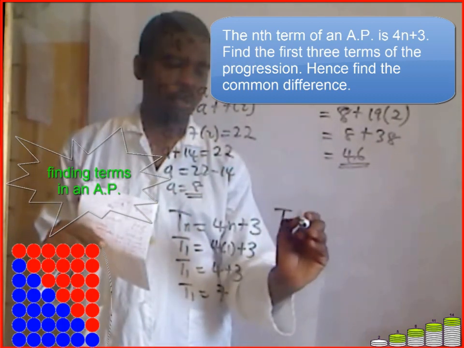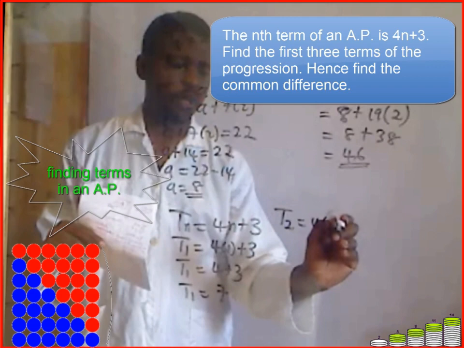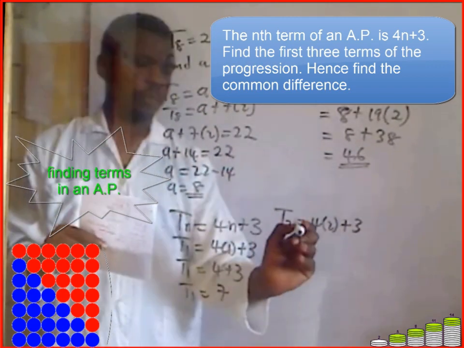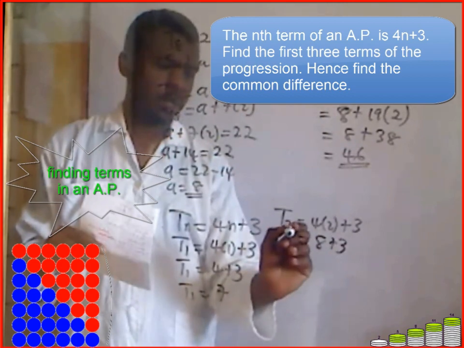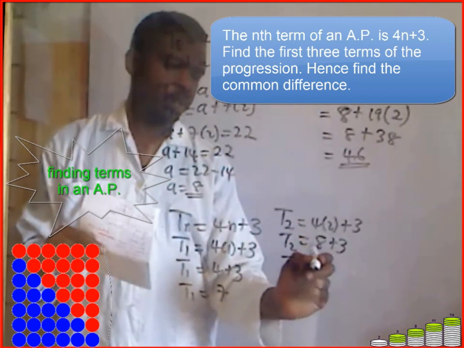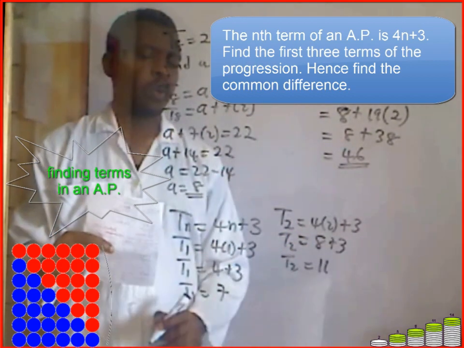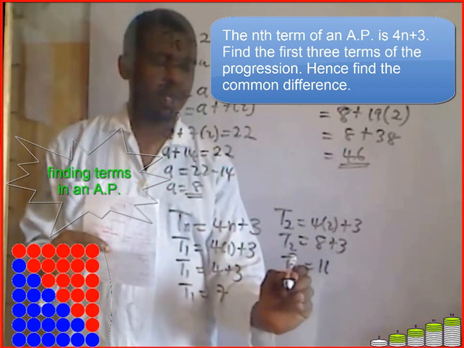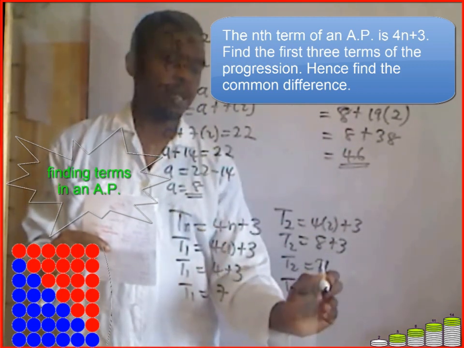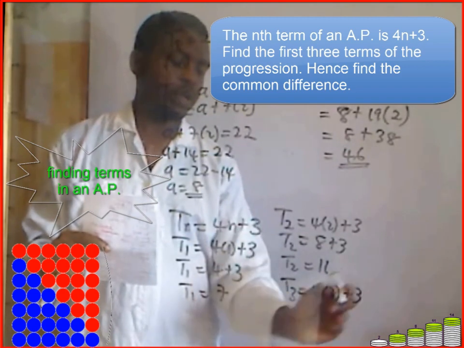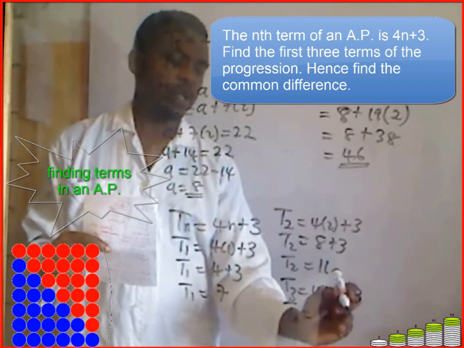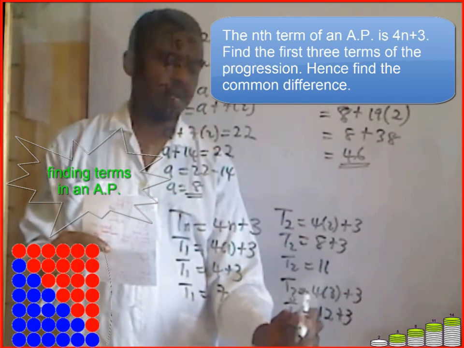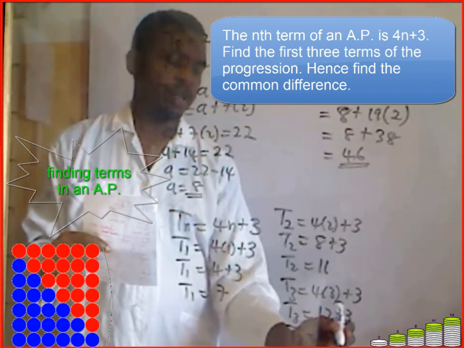T2 is equal to 4 times 2 plus 3. This is 8 plus 3. T2 is equal to 11. What is the value of T3? T3 will be equal to 4 times 3 plus 3. T3 is equal to 12 plus 3. T3 is equal to 15.